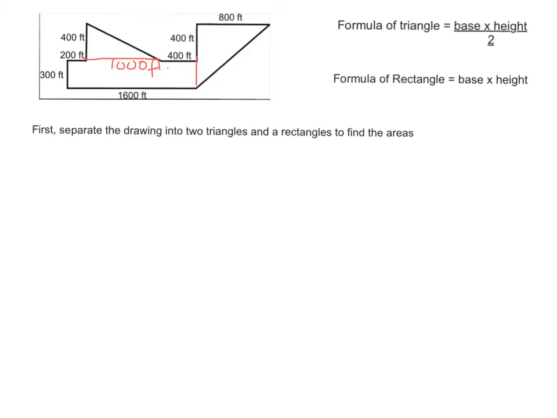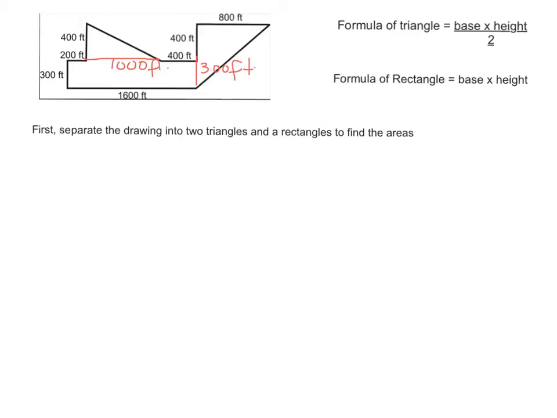Now, if this is 400, I need to know how much is this. And I already know if this is 300, well, this is 300. So I'm going to put it there, 300 feet.